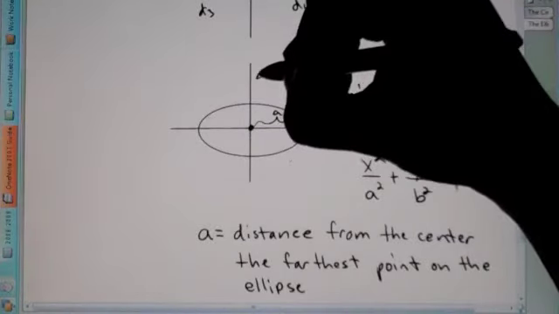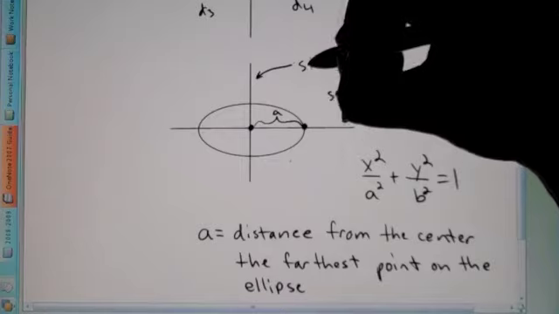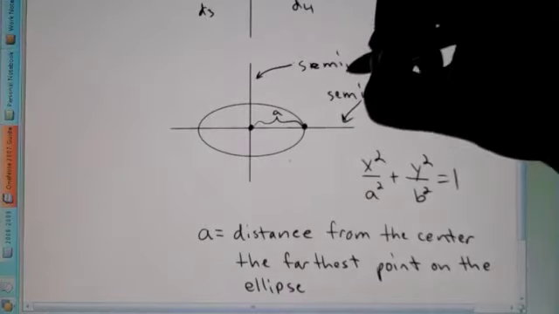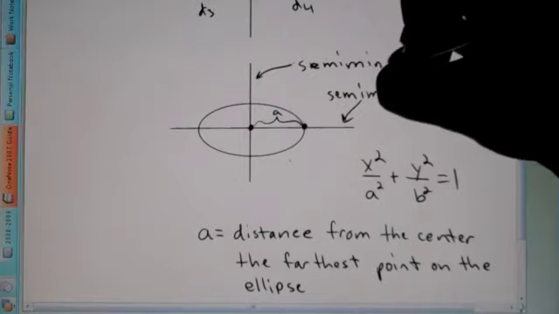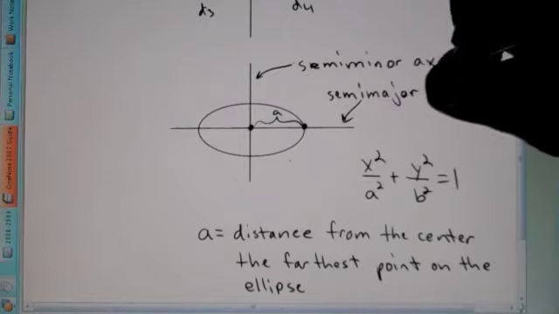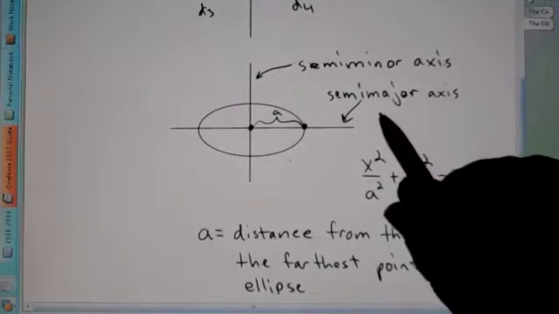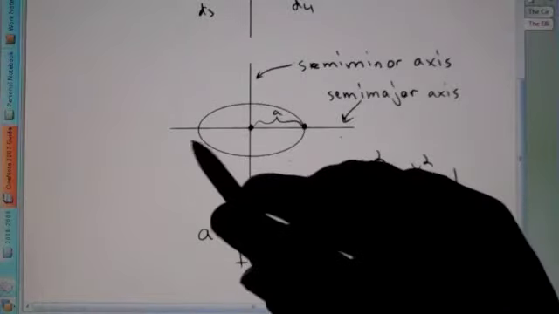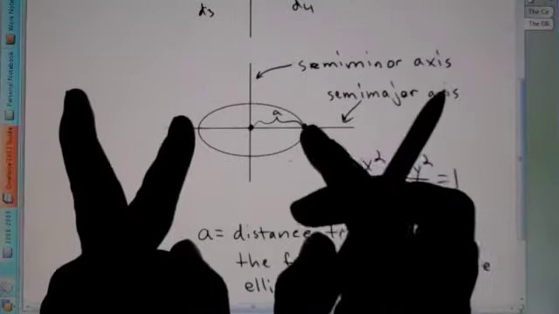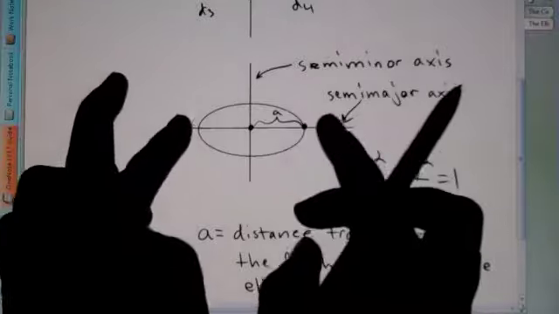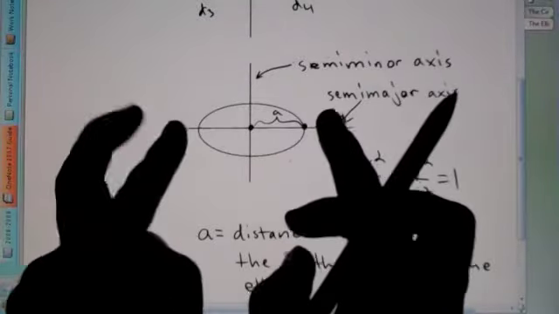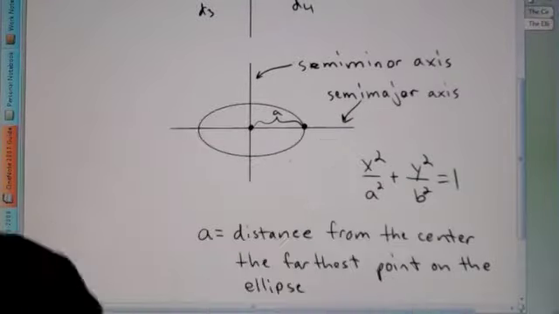So the y-axis here is playing the part of the semi-minor axis. The farther distance apart would be the semi-major, and this would be the semi-minor.